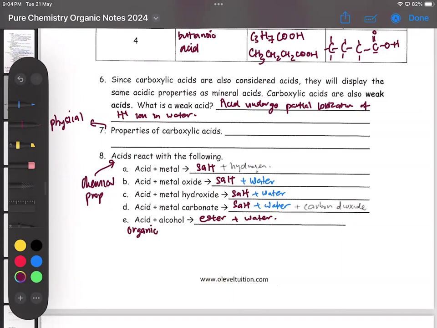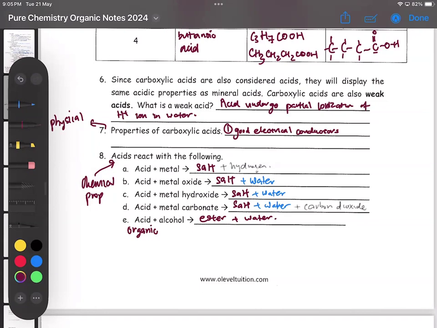Okay, so recall your physical properties. Those that are confirmed physical properties. Number one, good electrical conductors. You have seen this in all these acids being electrolytes in electrolysis.